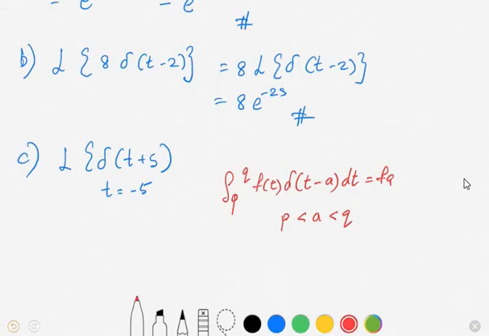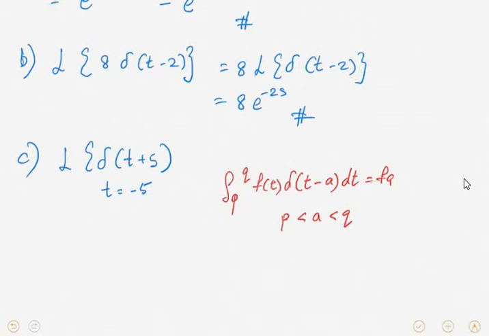That's why when you check delta(t minus a), this a equal to negative 5 is not within p and q. It's not within 0 to infinity, it's at negative 5. So therefore the Laplace transform of delta(t plus 5) is equal to 0.